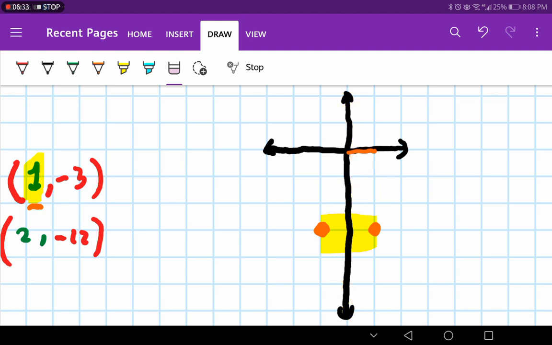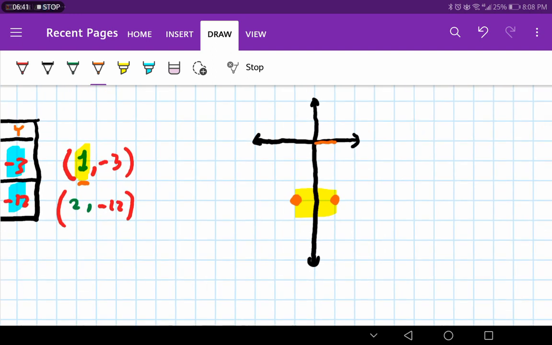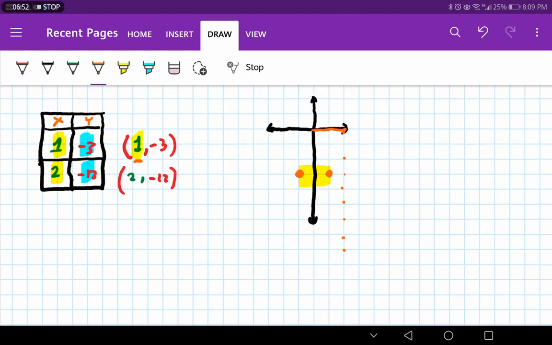Okay, good. Now the second point is 2 and -12. Let's go. This is 2 and 1, 2, 3, 6, 7, 8, so it will be here.